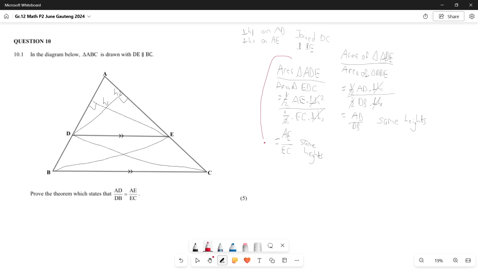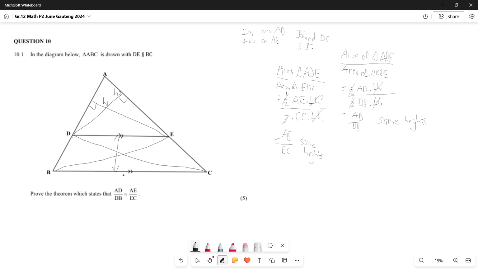But now, because we have this statement over here and we have this statement over here, there's just one more step in the chain, because the area of this triangle DCE and the area of this triangle BED is exactly the same, which means that EDC over here and the area of DBE are the same because they have the same perpendicular height here as well.